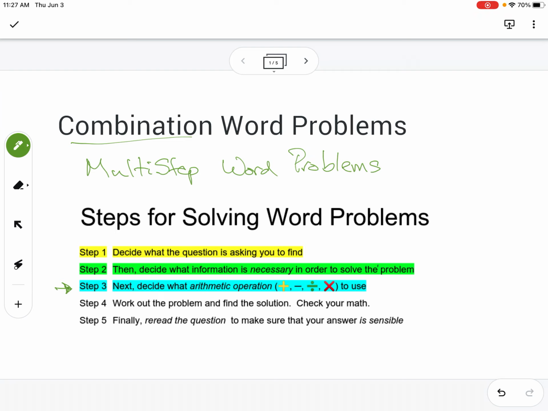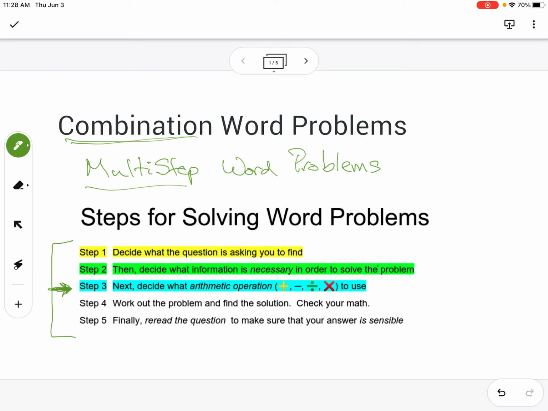We're still going to use the 5 steps of problem solving, but there is just one operation to use. Either I use adding in the problem, or subtracting, or dividing, or multiplying, but not more than one operation. These multi-step or combination word problems are problems where there is more than one operation that's used.